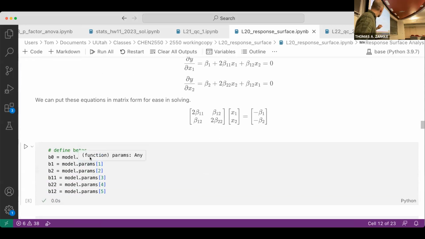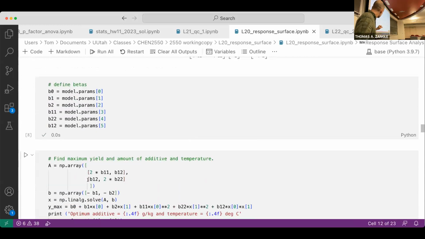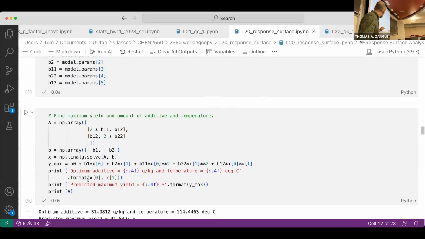Now we define what those parameters are out of that model.parameters structure. And this code block here is implementing a matrix solution to the matrix form of those equations, so that we can actually find the x1 and x2 values, the position of the maximum additive and temperature.